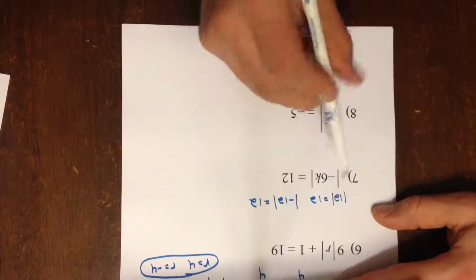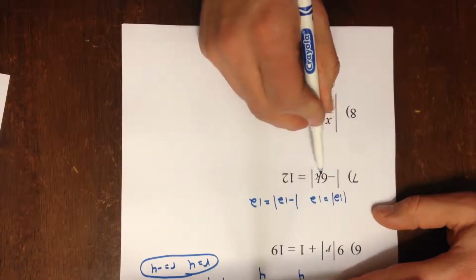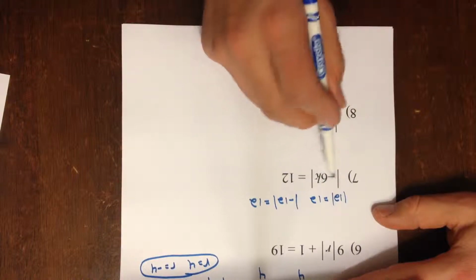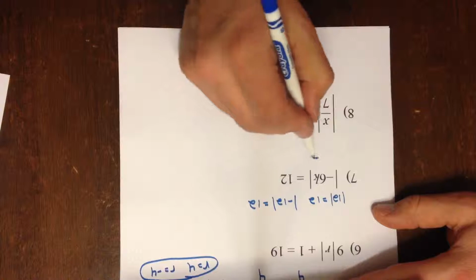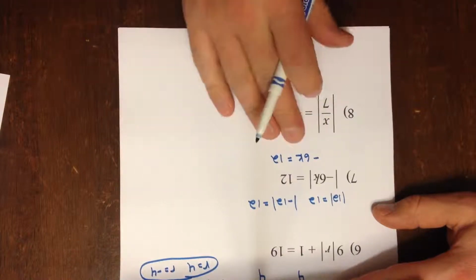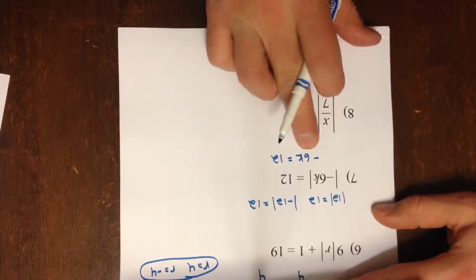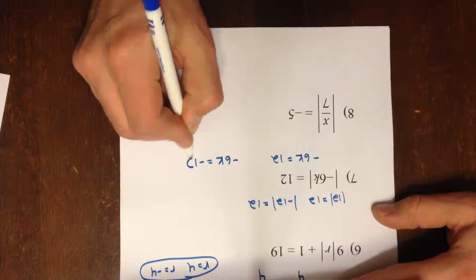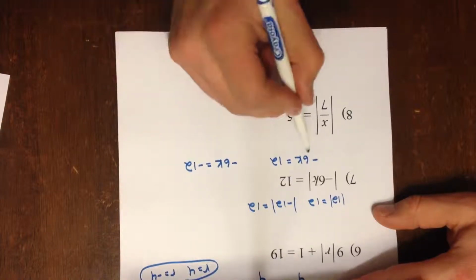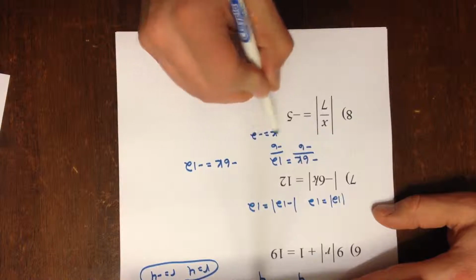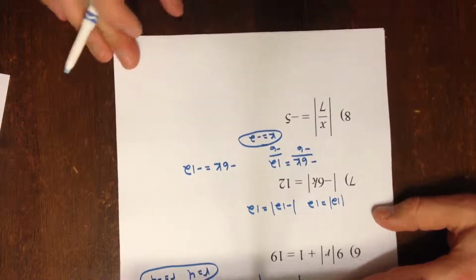Well, you can just think about this one. It's easy enough. -6 times -2 gives you 12, and then the absolute value of 12 is 12. But you can also let algebra do the work and set it equal to 12: -6k equals 12, and -6k equals -12. Divide both sides by -6, and k equals -2. That's one of your answers.